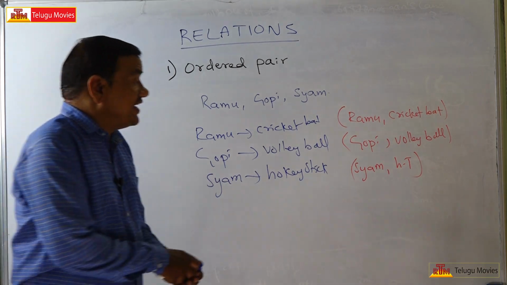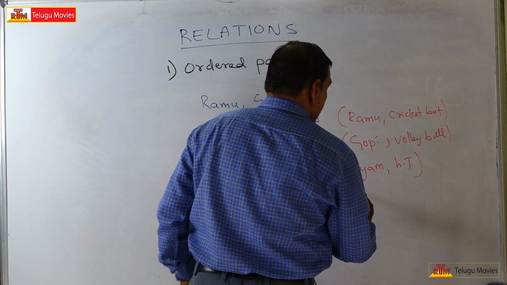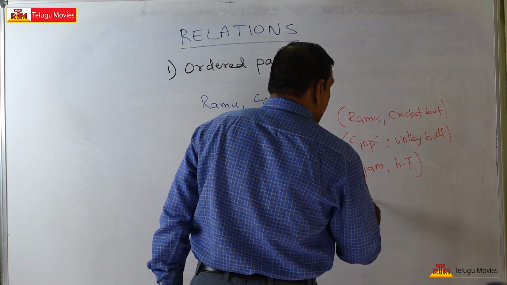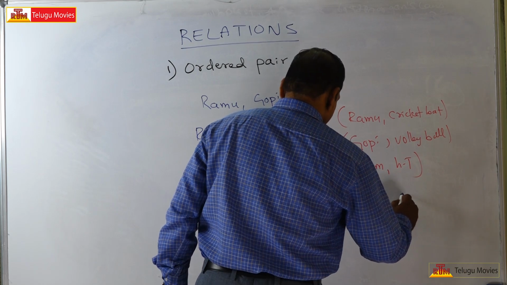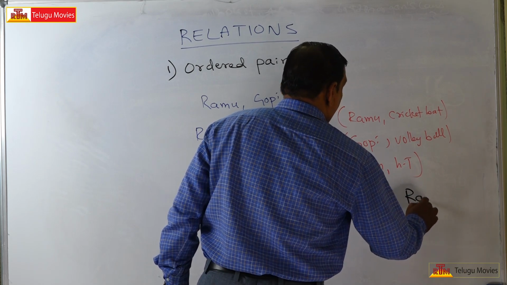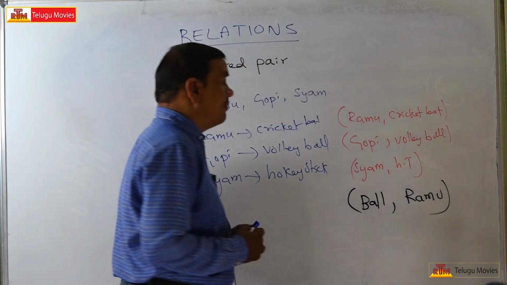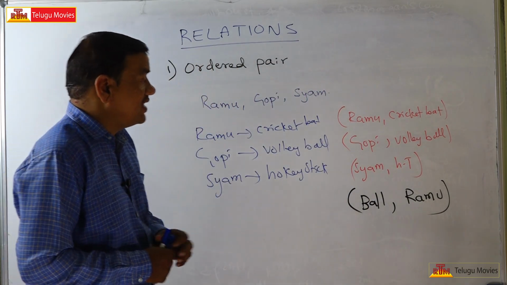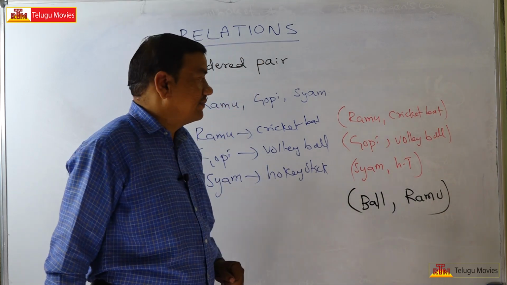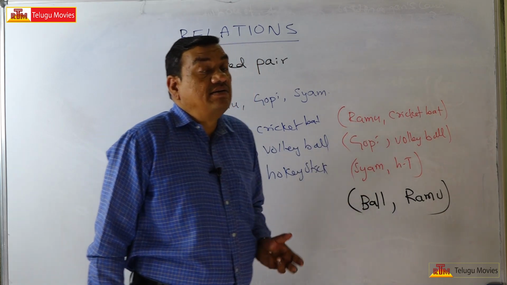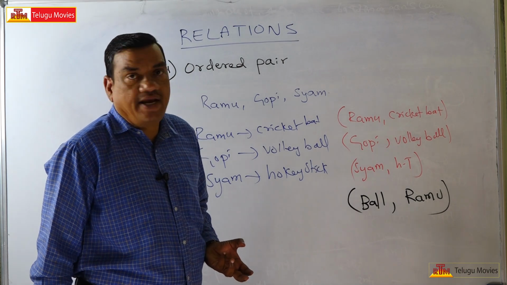Understand? Can I write it as ball, Ramu? No, I cannot write that. Why? Because here the first elements are the names of the persons and the second elements are instruments to play the game.